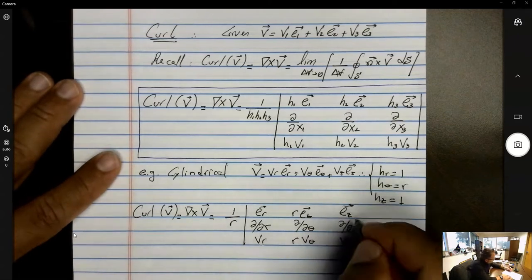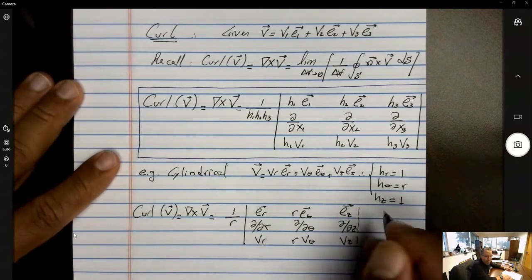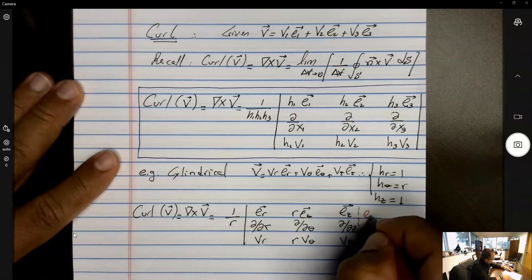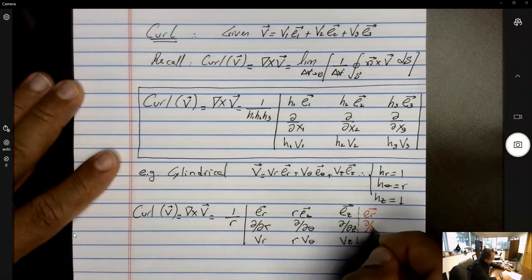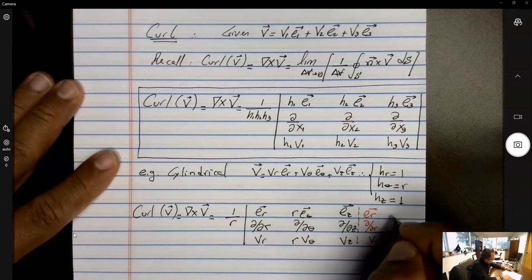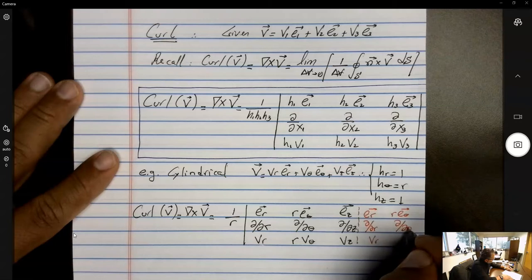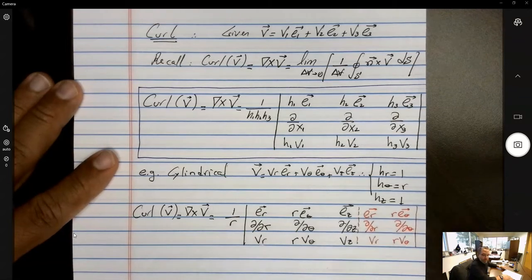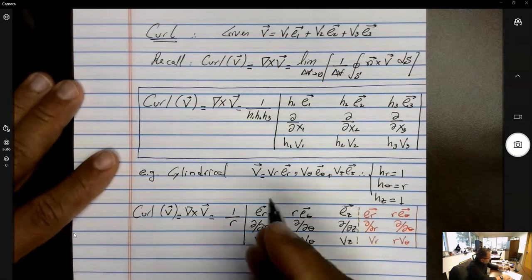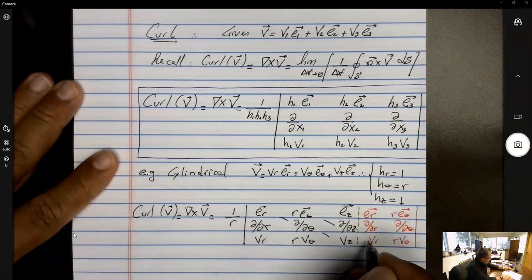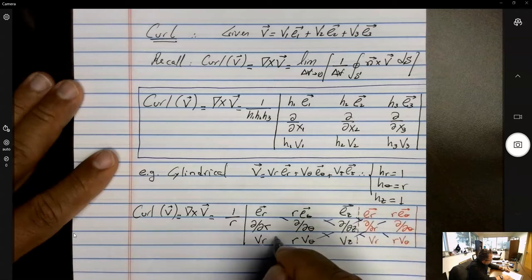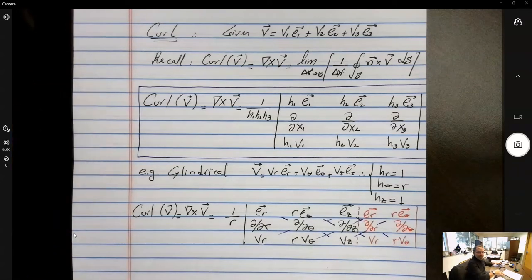In order to do so, remember, I am going to augment this. So this is d/dr, vr, and this will be r e theta, d/d theta, r v theta. I'm going to multiply over all the diagonals, and then multiply the counter diagonals and see what I get.